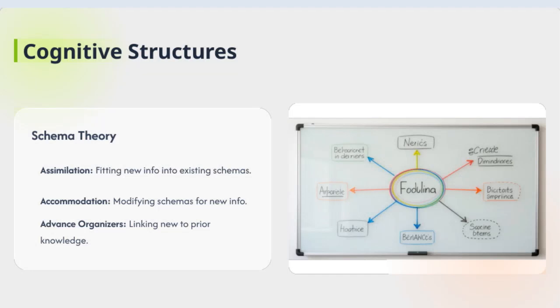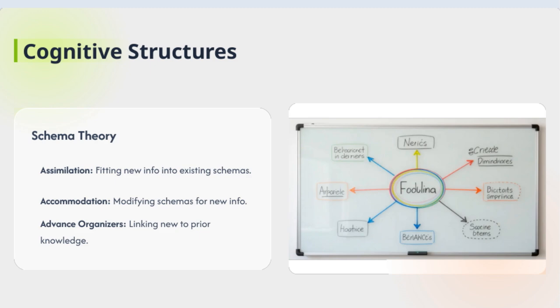Let's take a closer look at some key concepts that help us understand how we process new information. First, we have advanced organizers, which are tools or strategies we use to connect new material to what we already know. This helps us make sense of new ideas more easily. Next, we have accommodation.